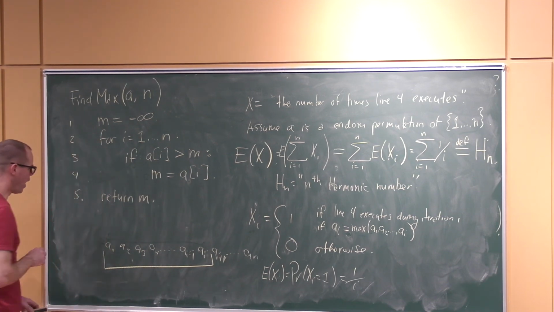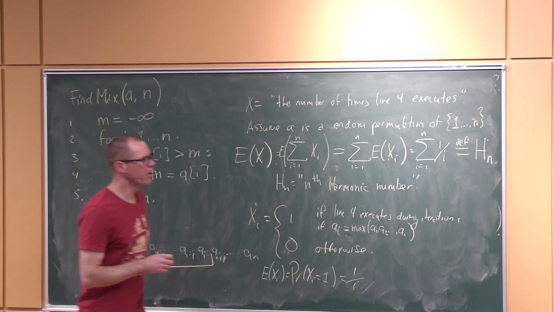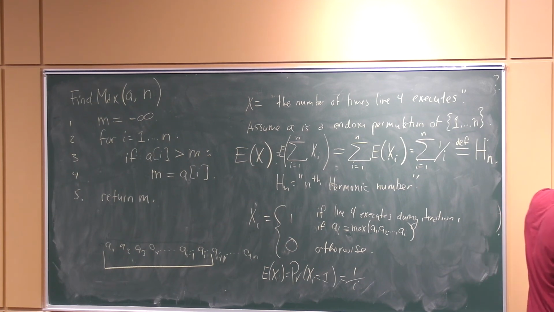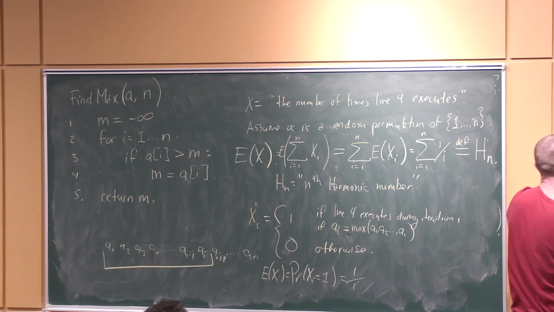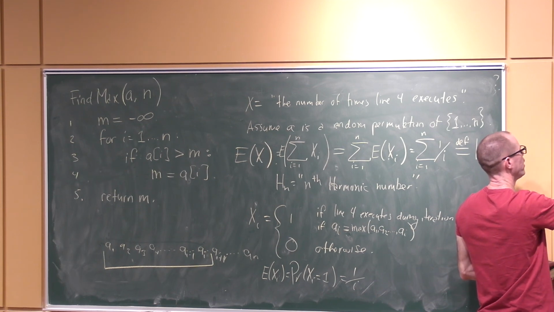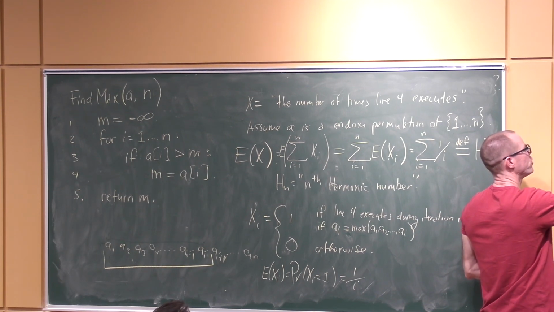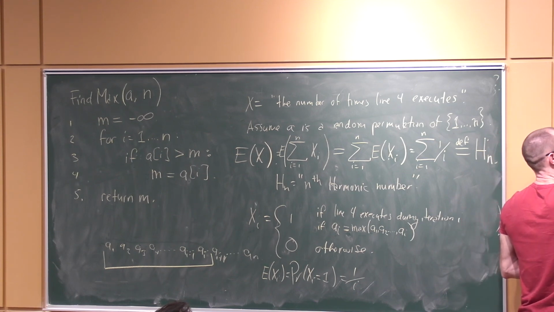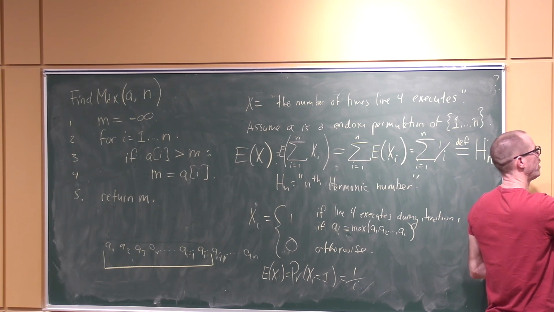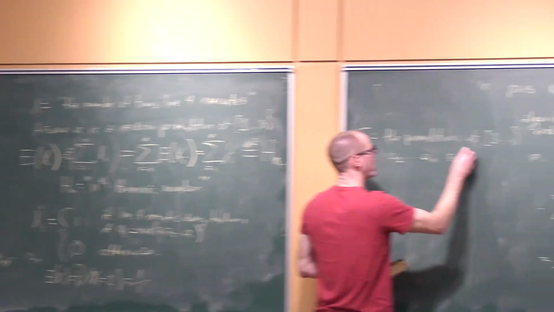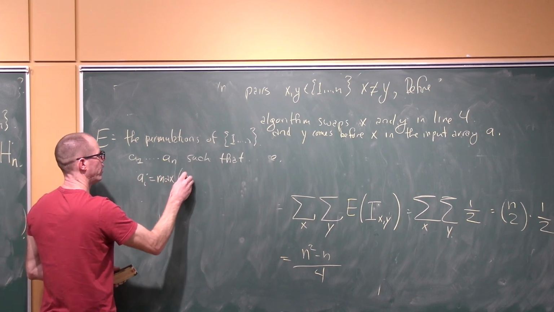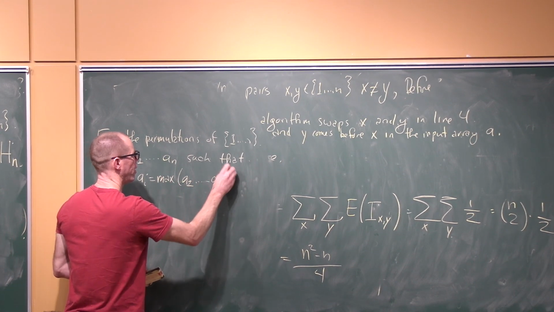Here's a question. If you don't believe me that the probability is 1 over I, let's define E to be the set of permutations of 1 through n, call them A1 through AN, such that AI is equal to the maximum of A1 up through AI.